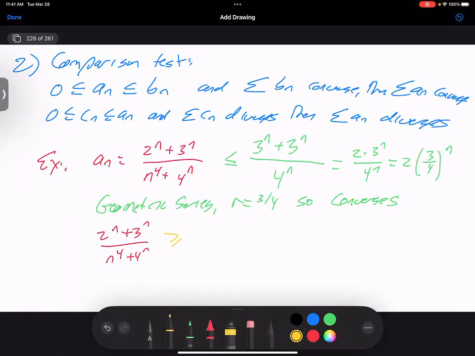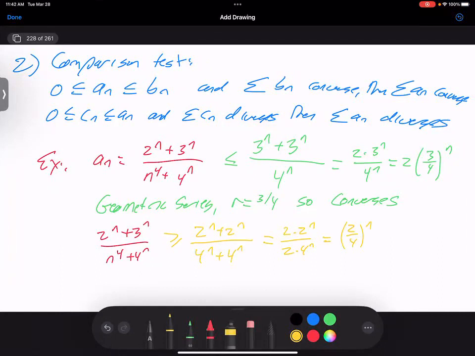If I want something smaller, I could replace the 3 to the n with 2 to the n. And if I replace the n to the 4th with 4 to the n, I'm going to make the denominator smaller, right? Yes. So that's going to be 2 times 2 to the n over 2 times 4 to the n. That's just 2/4 to the n.